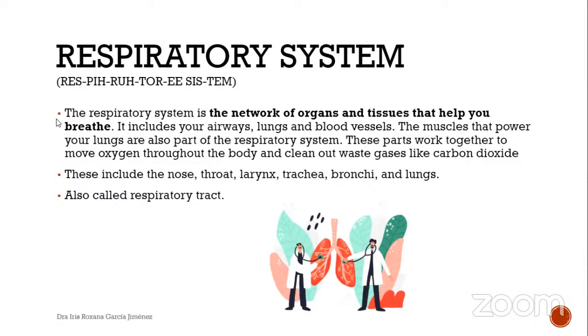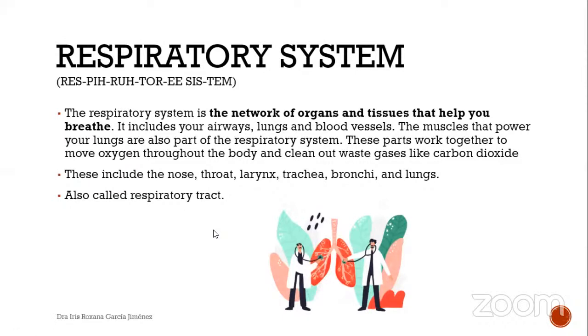The respiratory system is the network of organs and tissues that help you breathe. We all know that from med school, from high school too. So we must consider this as the most common definition. It includes your airways, lungs, and blood vessels, of course. The muscles that power your lungs are also part of the respiratory system.